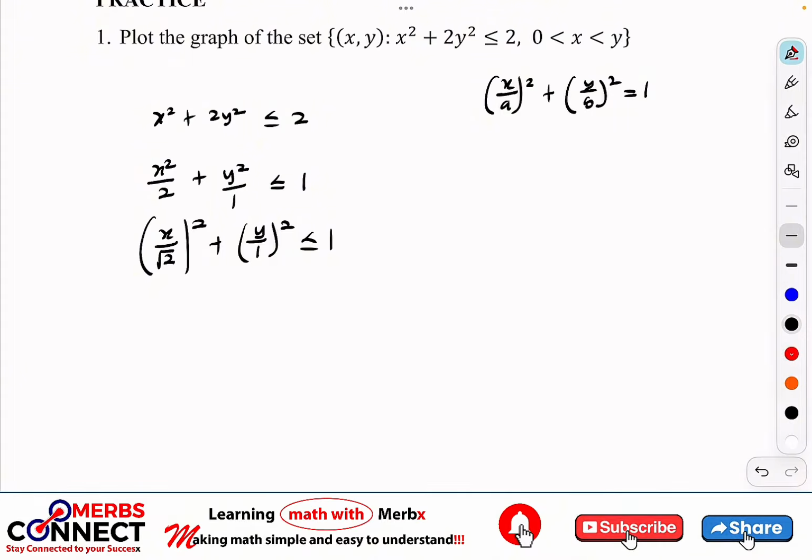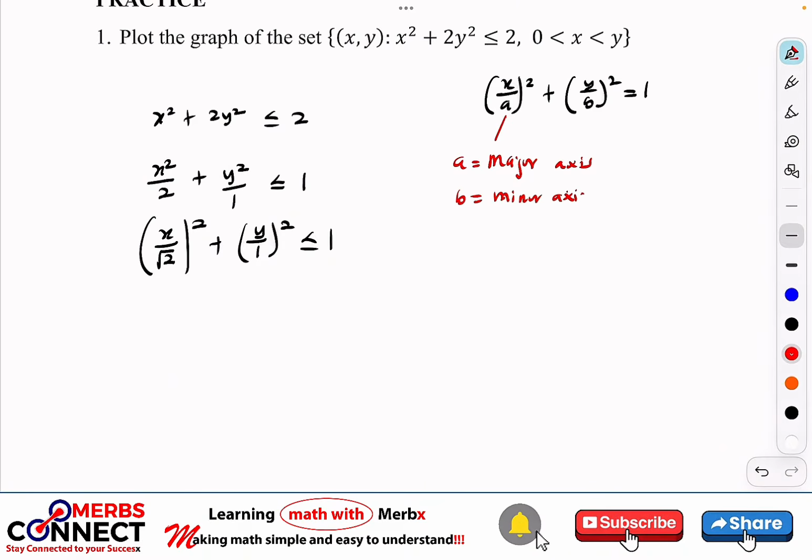Now remember, this is an ellipse. So with the ellipse, we have something called this A, we call it the major axis or semi-major axis, any of them on the x direction. So the most important thing is that, okay, this is on the x-axis and this is on the y-axis. So A is the major axis and we can call B the minor axis. It depends on which one is the biggest, right?